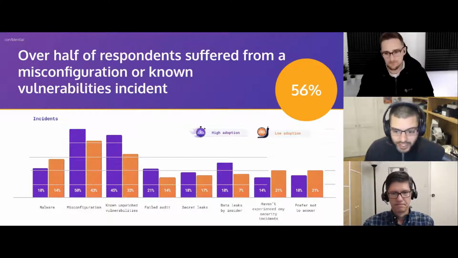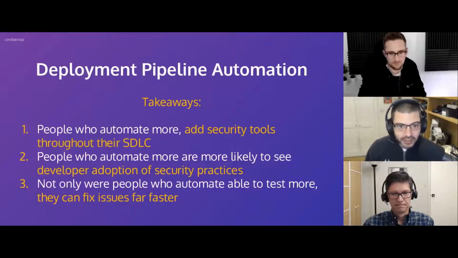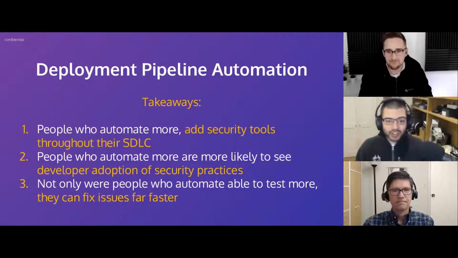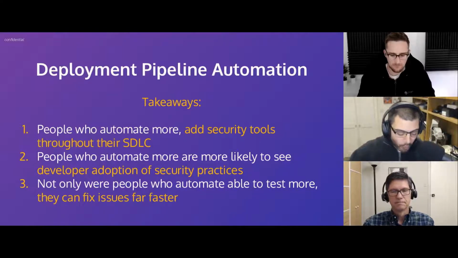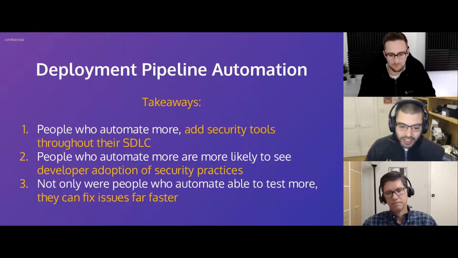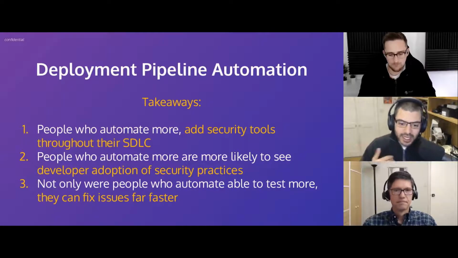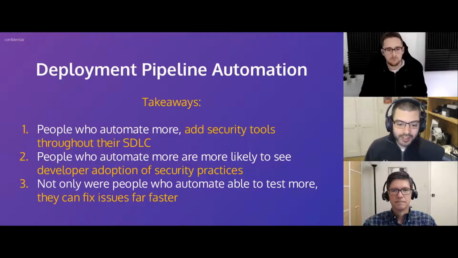Okay, so why don't we jump forward and let's go into automation. Now, we saw a really strong correlation between those who are the higher adopters of cloud native deployments and technologies, and the levels of automation which people had in order to deploy their applications to production.